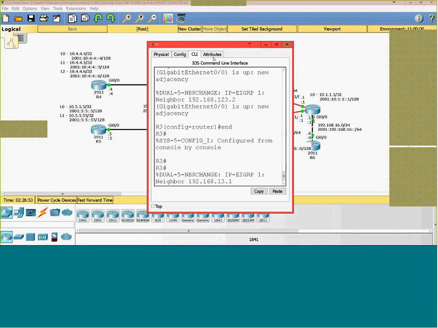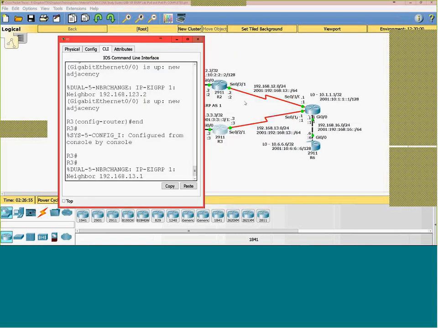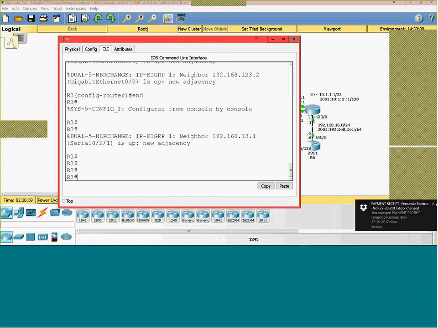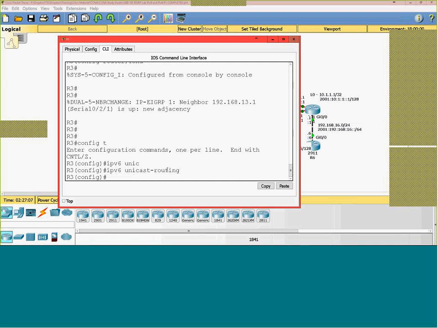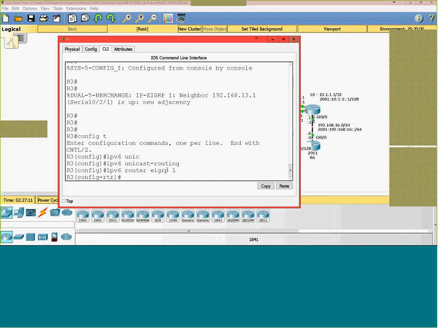Let's go to router number 3. All right, config T, IPv6 unicast routing, IPv6 router, EIGRP1, no shutdown.